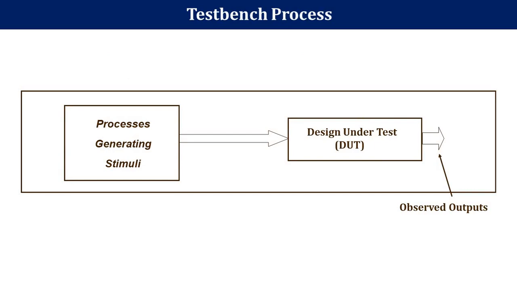Here in this process, the first step is generating the stimuli, and these stimuli are generated by using the test bench code, and then they are applied to the design under test, meaning the main code whose functionality is going to be checked or verified, which is the DUT unit, and the observed outputs are obtained. Those observed outputs are compared with the expected outcomes, and then it will decide whether the written program is correct, or if there are any errors present in the main code.